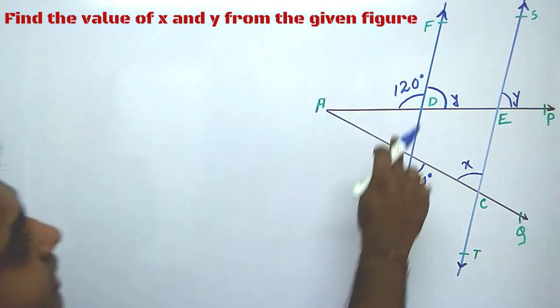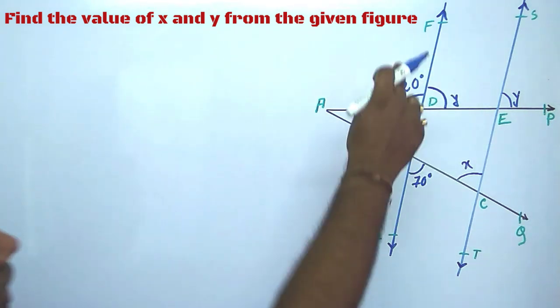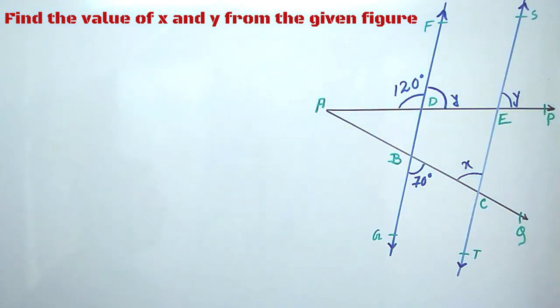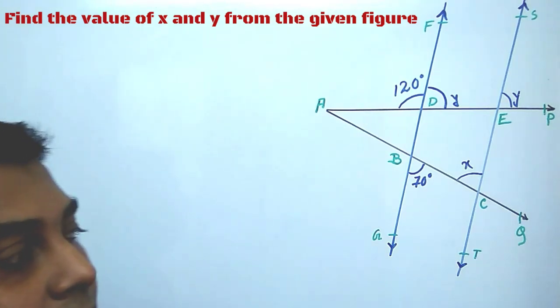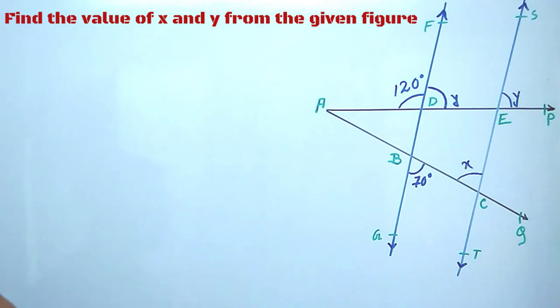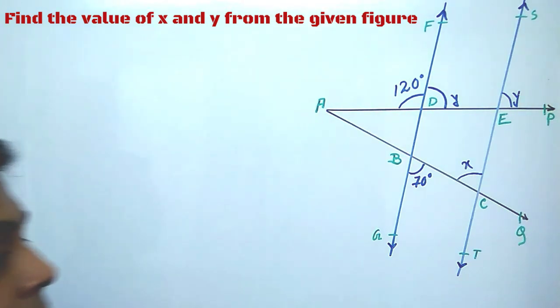And again you can see this angle and this angle, meaning angle FDA and FDE. These two angles are a linear pair. So we can write y plus 120 equals 180 degree. So from there we can find out the value of y is 60 degree. So let's start. See, so first what we will write here?